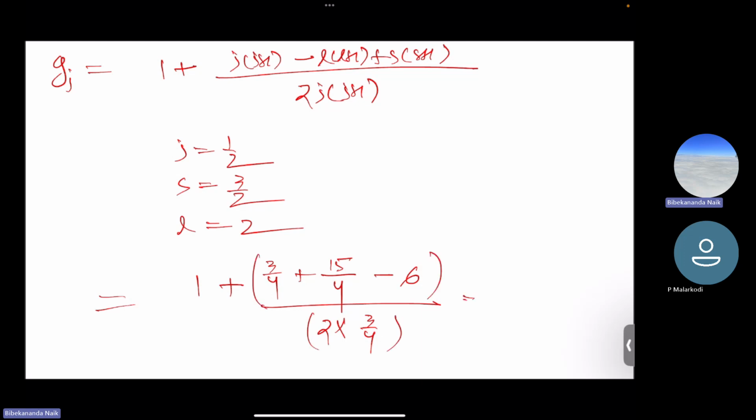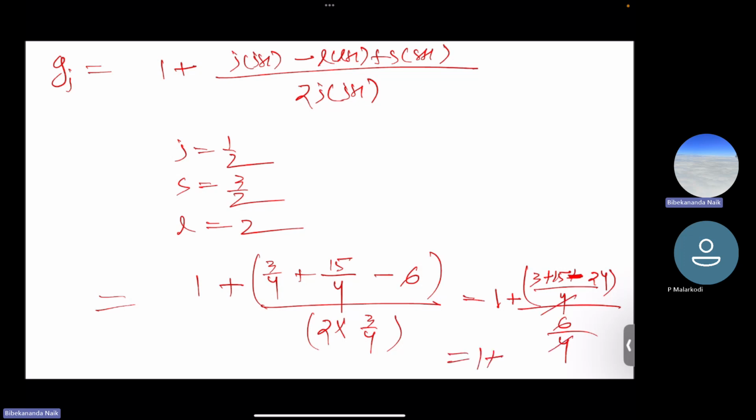So if you calculate it, you will get 1 plus, taking 4 as LCM, 3 plus 15 minus 24 divided by 6 by 4. So 4 gets cancelled out.